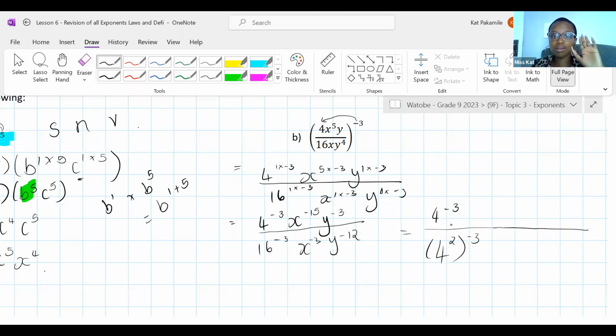Let's deal with our variables. What happens to x? So -15 minus -3. And your y? Y is -3 minus -12. Okay, we're going down.